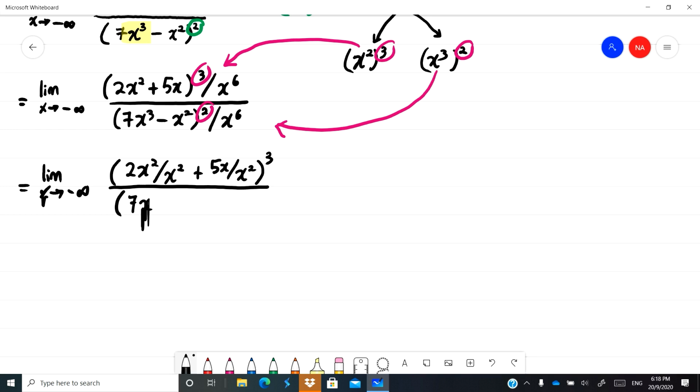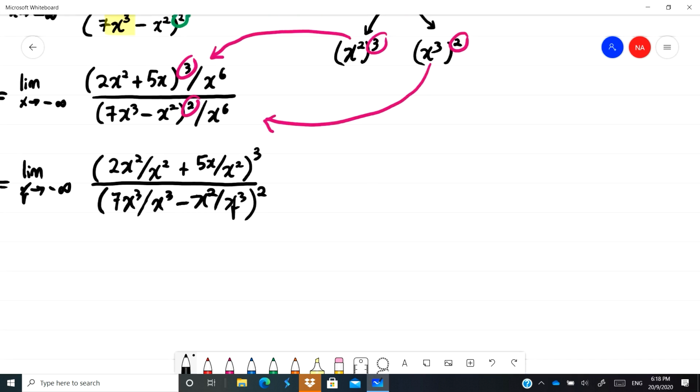So 7x^3 divided by x^3, minus x^2 divided by x^3, the whole thing to the power of 2.